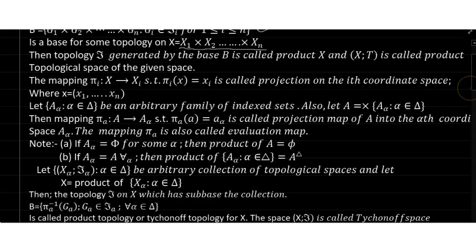Then the topology tau generated by the base B is called the product topology, and (X, T) is called the product topological space of the given spaces.